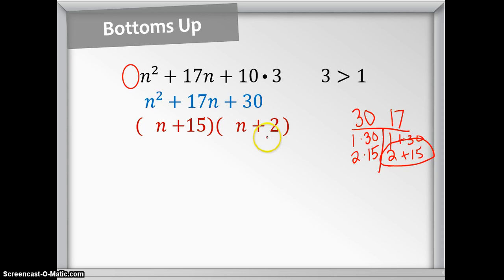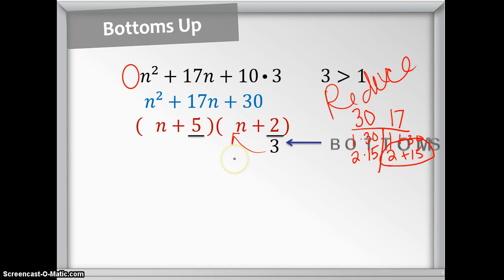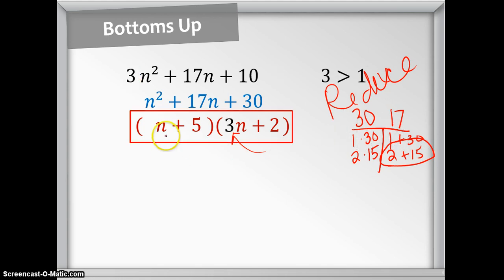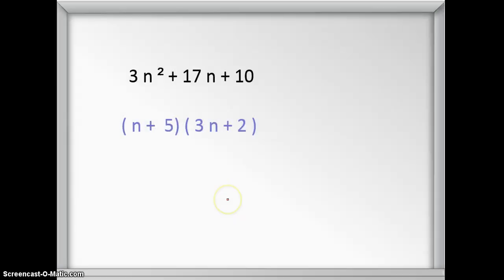Now you do the bottoms up, which is to divide each one of these by 3. Again, reduce. Okay? 15 divided by 3 is 5, and you can't reduce this one, so this is where you move it to bottoms up, which is now going to give you x plus 5 times 3x plus 2.